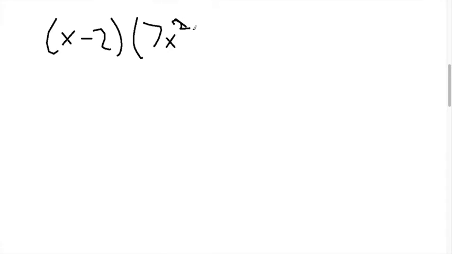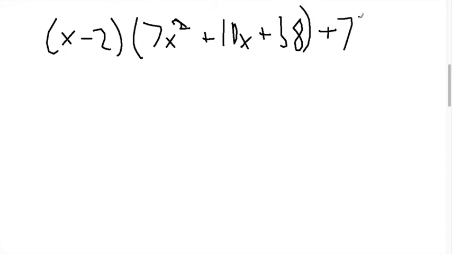So originally, we had gotten x minus 2 times 7x squared plus 16x plus 38, all plus 77.